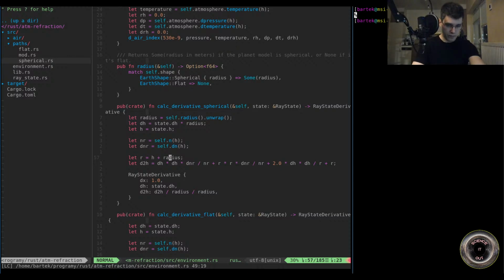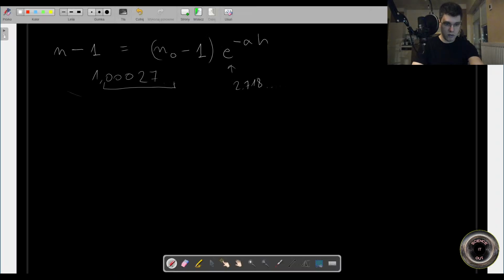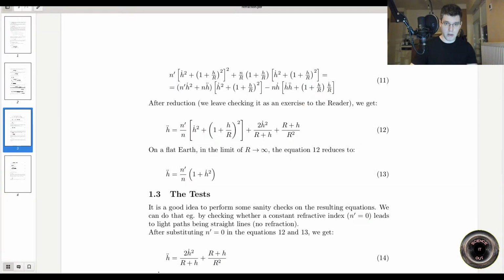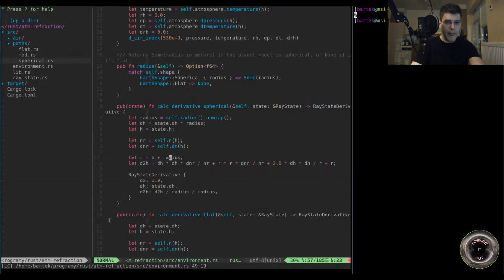So if we go back, it would correspond to this. This would be lowercase r in the code, radius plus h. And then d2h is just how I denoted the second derivative of h. And this is the first derivative of h times the first derivative of h times dn over n.